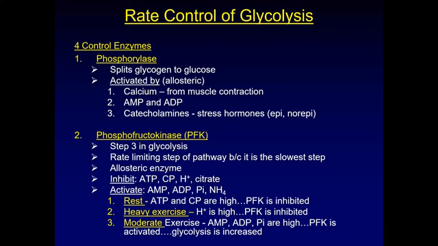I added the transporter GLUT4, which is how we get glucose out of the blood and into the muscle cell. If I have more GLUT4, I'll bring more glucose in. How do I get more GLUT4? Insulin or muscle contraction.